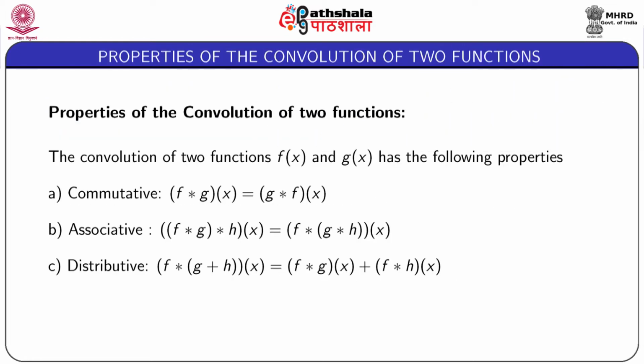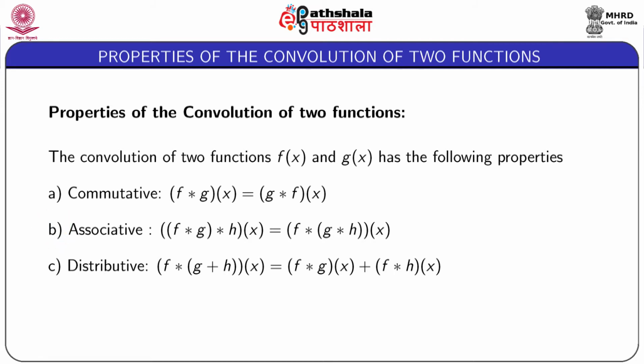Now we shall learn some properties of convolution of two functions. First property is that convolution of two functions is commutative. That means (f star g)(x) is equal to (g star f)(x). Next property is the convolution is associative.